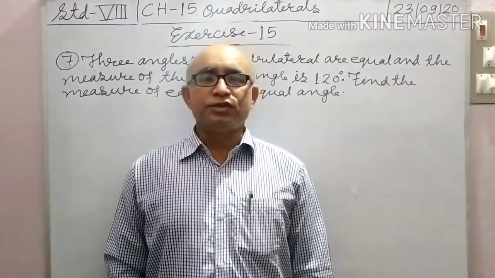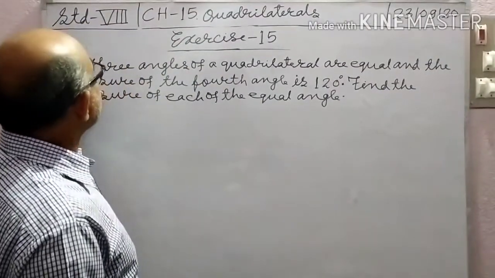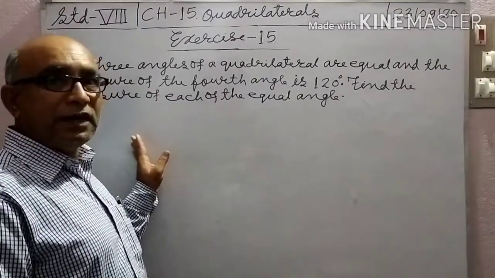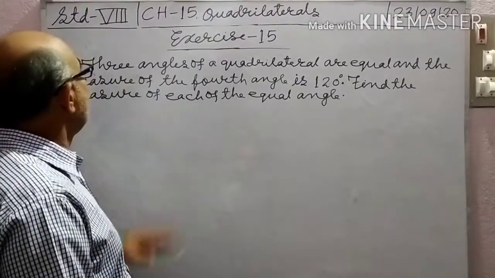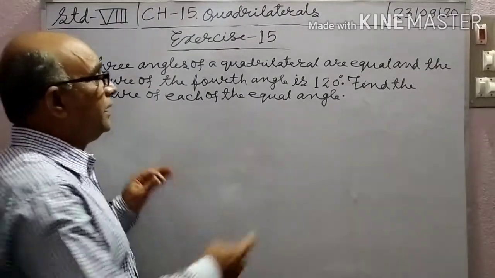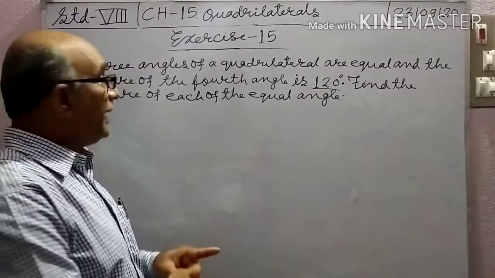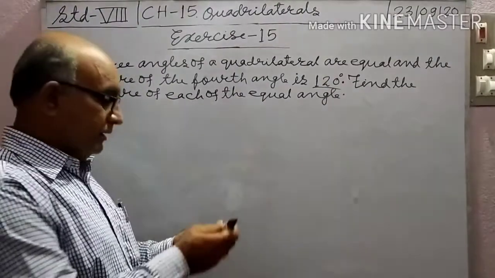Students, next question is question number 7. In this question, three angles of a quadrilateral are equal and the measure of the fourth angle is 120 degree. Find the measure of each of the equal angle.